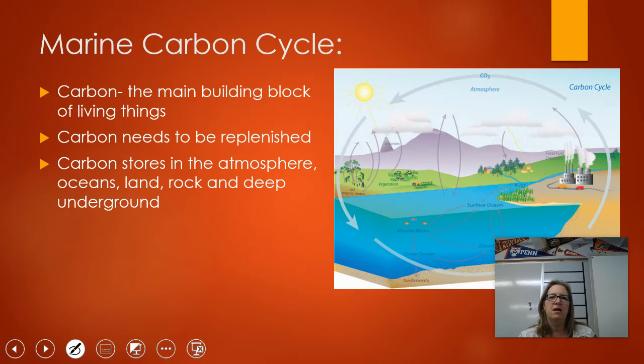There's lots of carbon stored in the atmosphere as carbon dioxide. There's a lot of carbon in the oceans, and there's carbon in the Earth's crust, deep down in the interior.